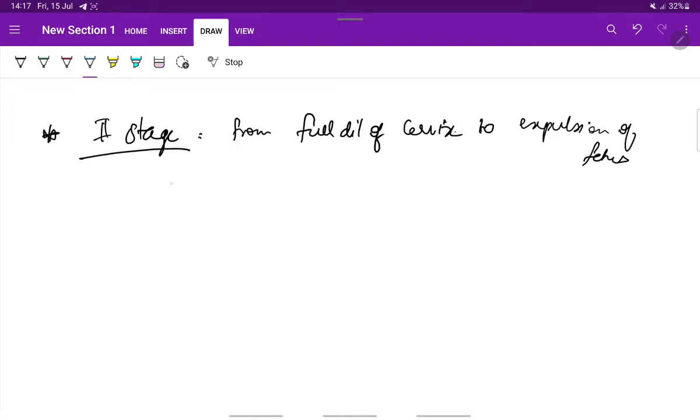The second stage lasts for about 1 to 2 hours in primi, and half to 1 hour in multi.